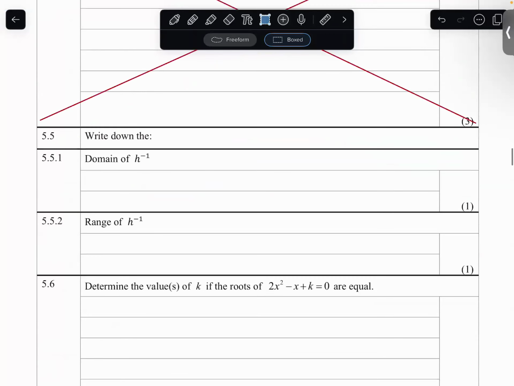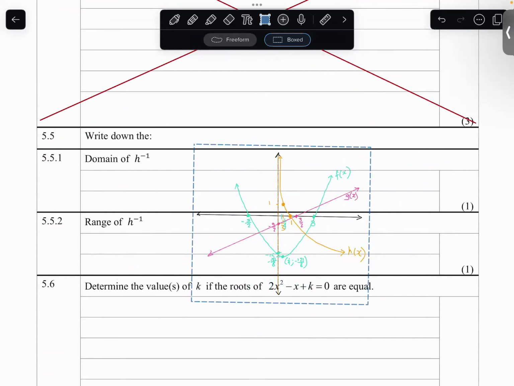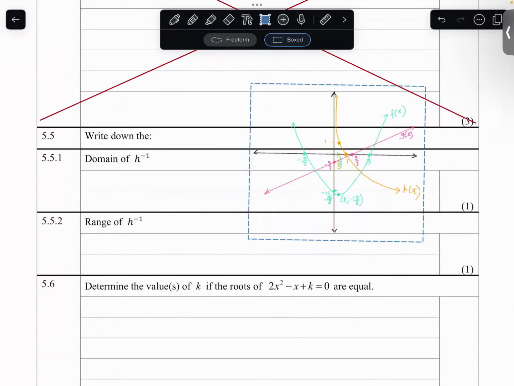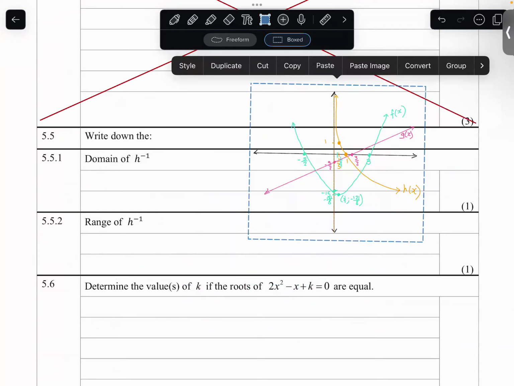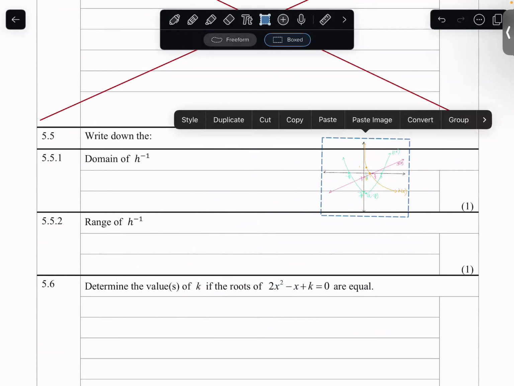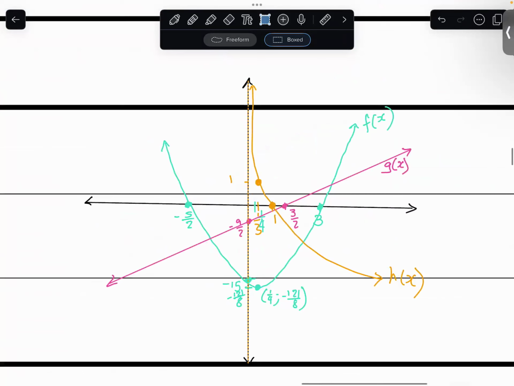Okay. Write down the domain of the inverse. So I needed this graph. The domain of the inverse of the log graph. So if you're looking at the log graph, which is h of x, first ask yourself what's the range of it.